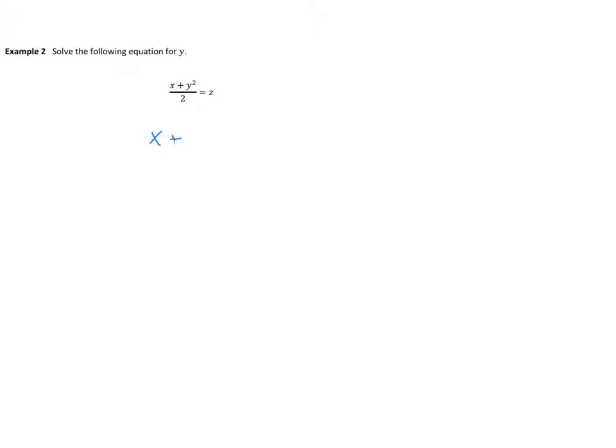I'll copy down my equation, and I'm going to leave some space for multiplying the right side by 2, but also multiplying the left side by 2. Just like in the last example, those 2's cancel down to 1's, and the left side of this equation is now just x plus y squared is equal to 2 times z, which I'll just put 2z.